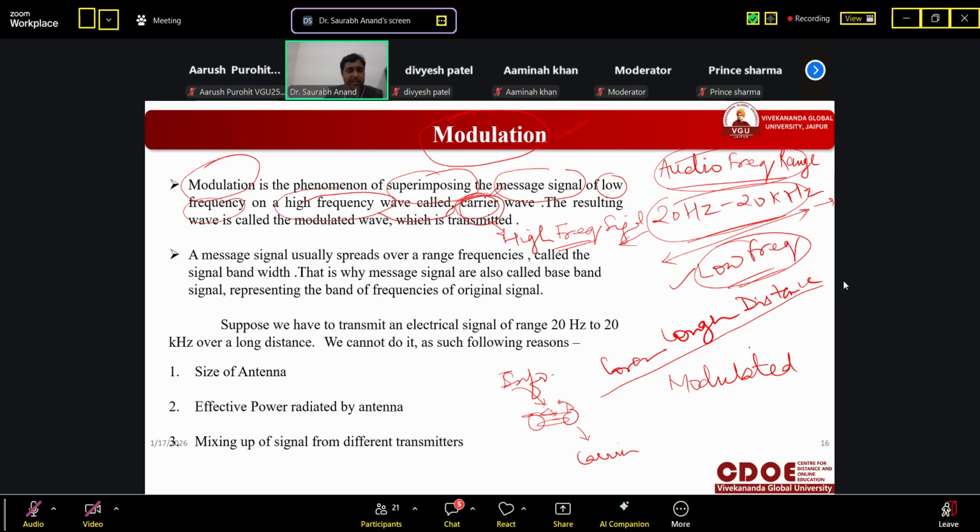After transmission, it is known as the transmitted signal, and after modulation, it is known as the modulated wave. So the signal after modulation will be known as the modulated signal, and finally we are transmitting it. Clear? Understood or not?